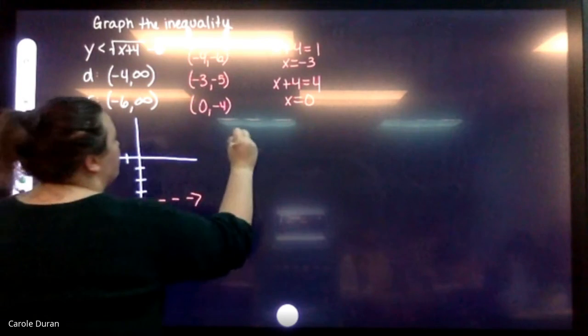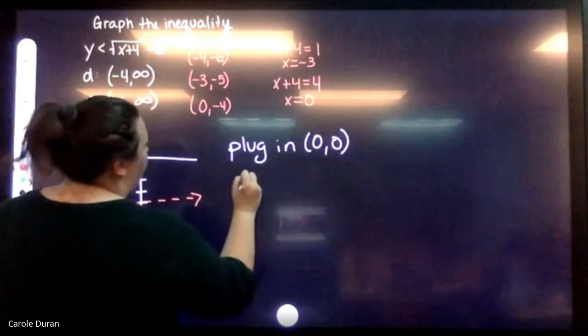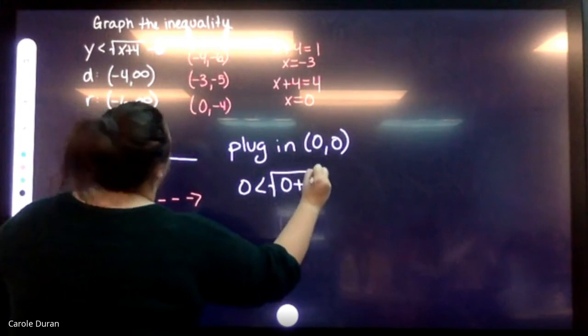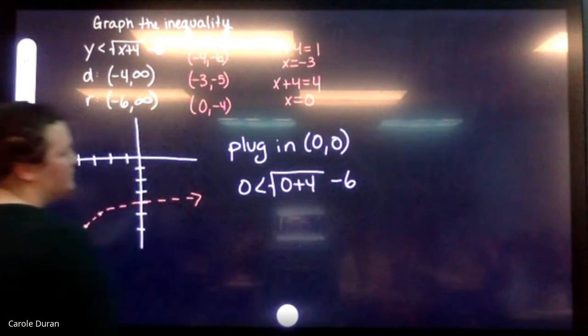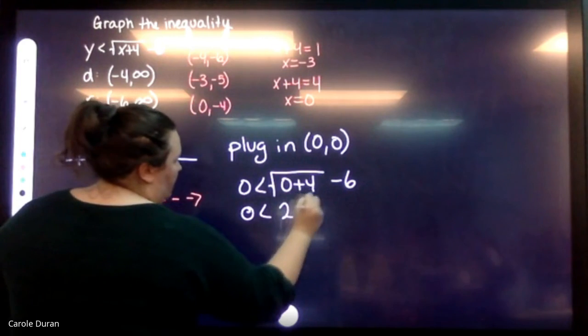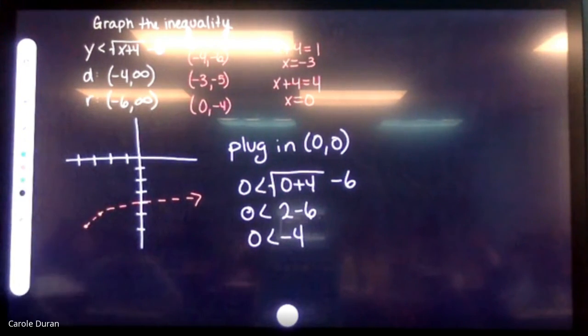So when I plug in 0, 0, I get 0 is less than the square root of 0 plus 4 minus 6. I simplify that out, and I get 0 is less than -4. Is that true?